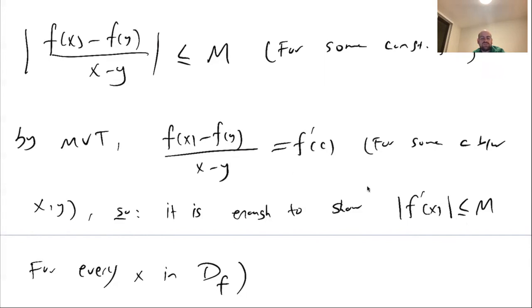So that means this expression in absolute value is at most m, which is what we wanted to show. Okay, so this is how we can apply MVT to prove some inequalities. Not all inequalities in the world, of course, but some of the important inequalities in mathematics and in calculus can be proved using this technique.